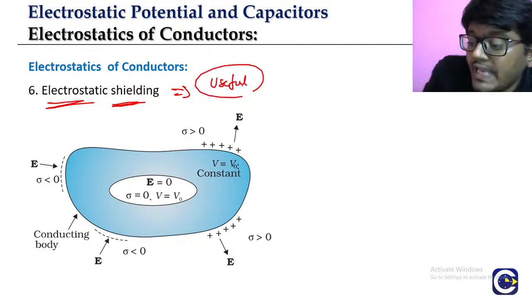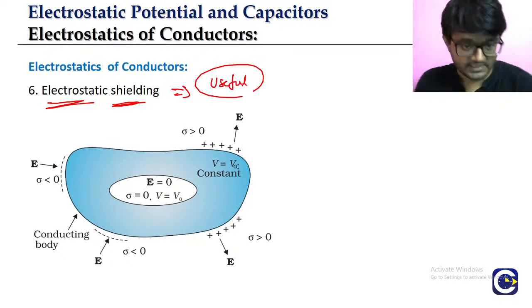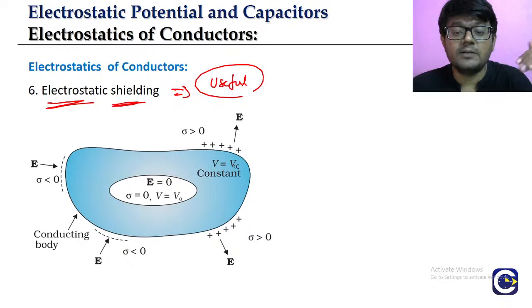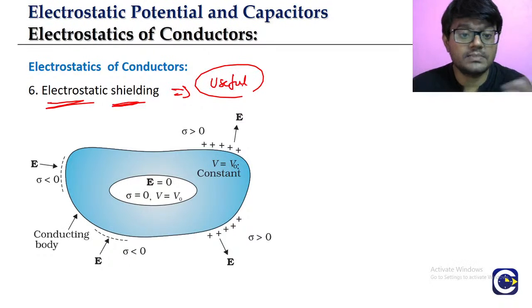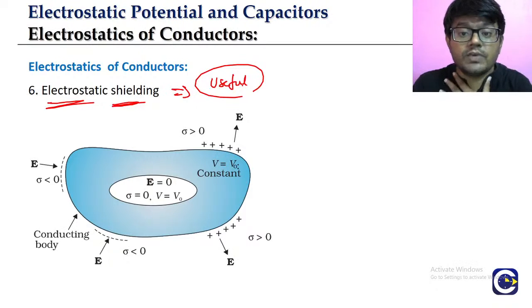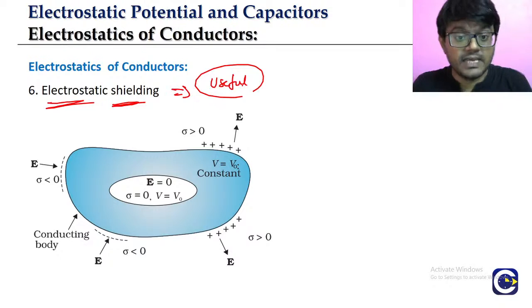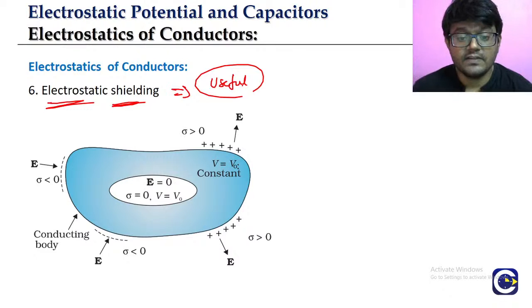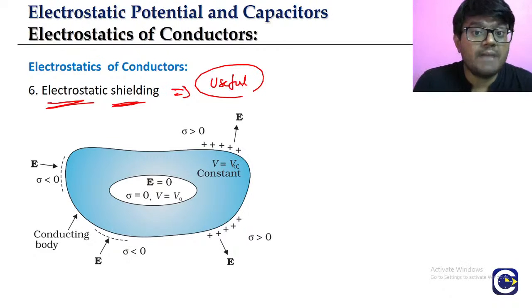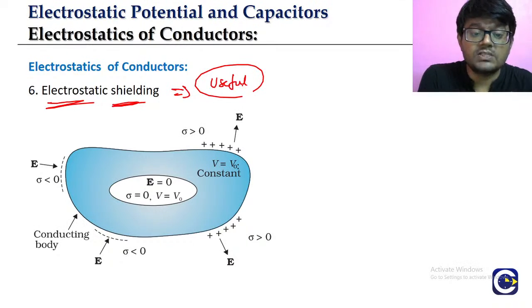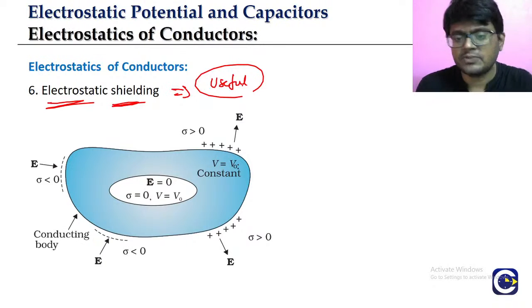Whenever we have electric devices which may get damaged if a lot of charge gets into them, we might be required to protect the devices from possible damage due to very large electric fields. For that we will use this concept of electrostatic shielding.